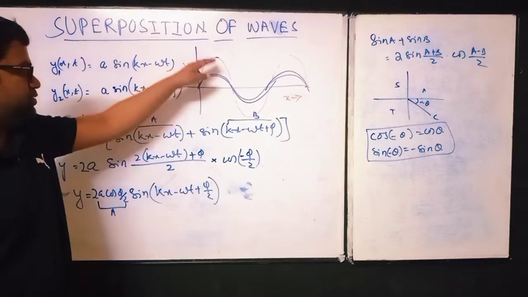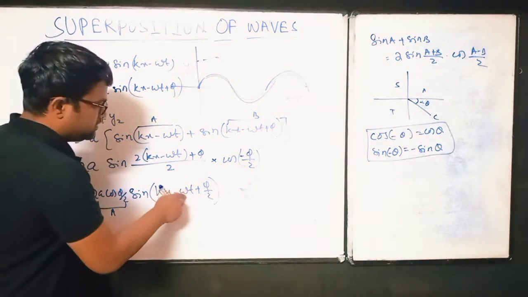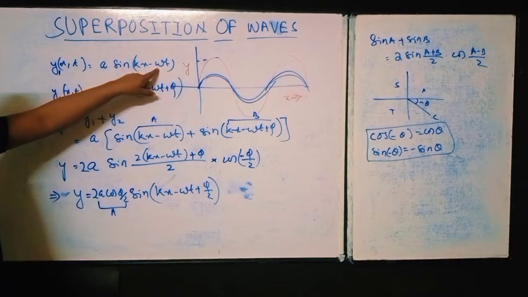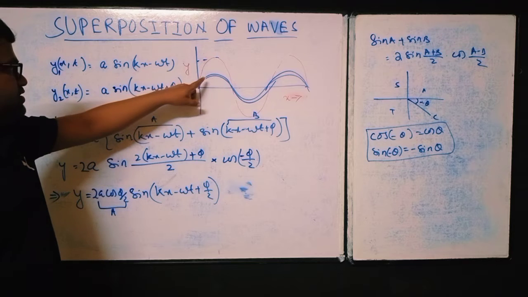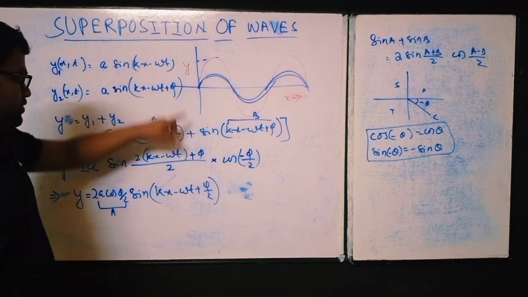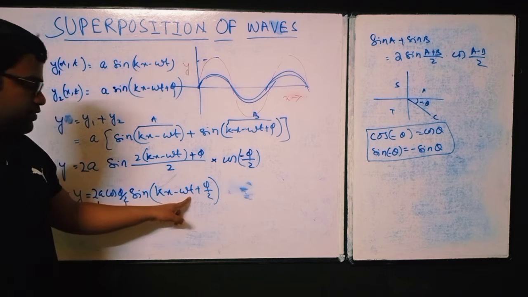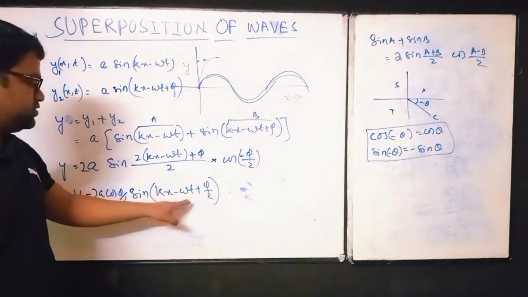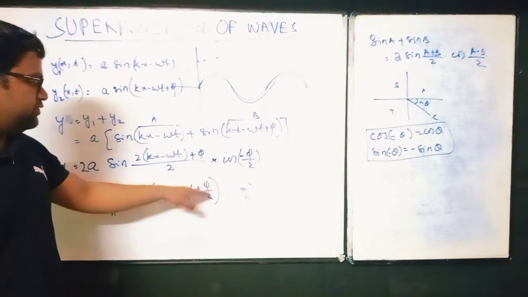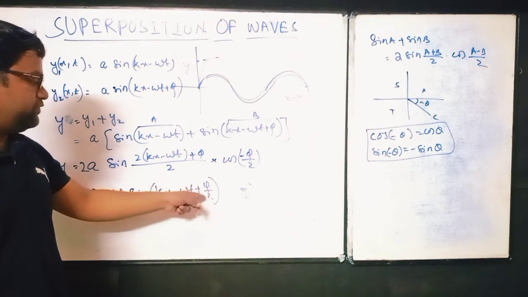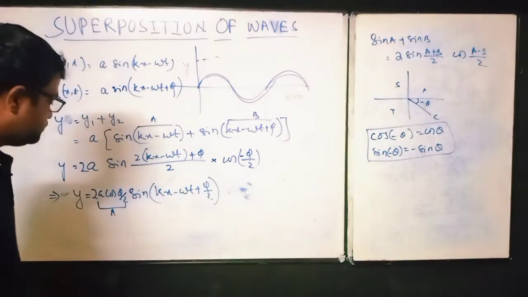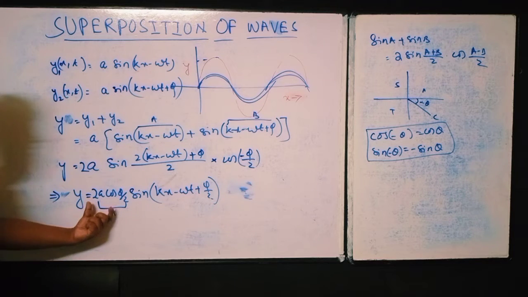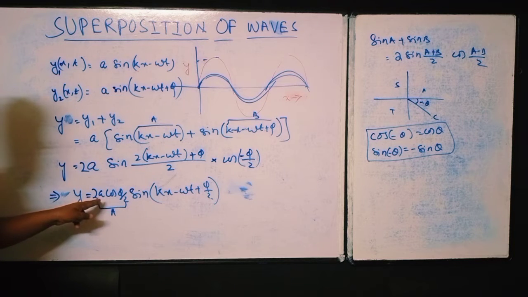The resultant wave also oscillates with the same frequency omega, which we took for the single wave, and the resultant wave's phase is shifted by phi by 2. Now, the amplitude is 2a cos phi by 2.